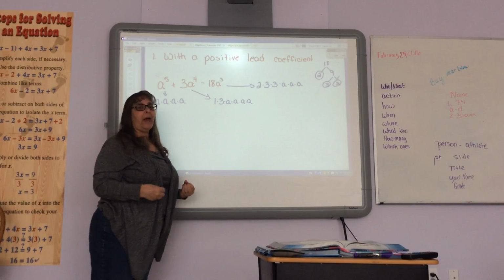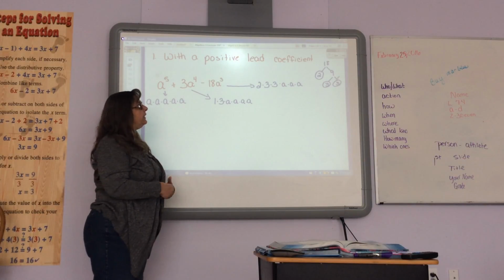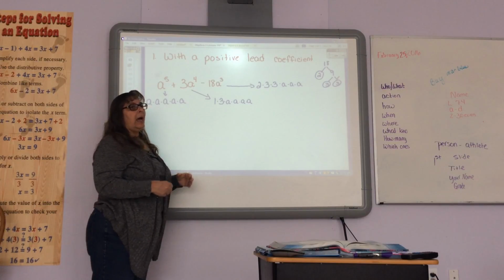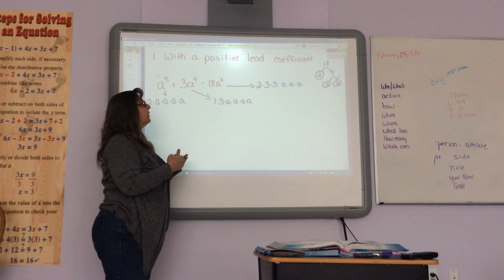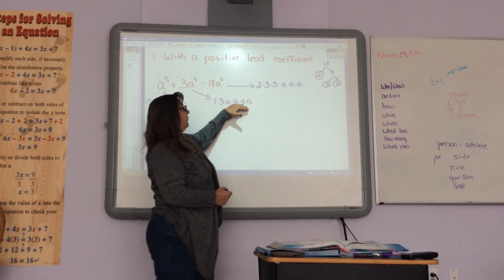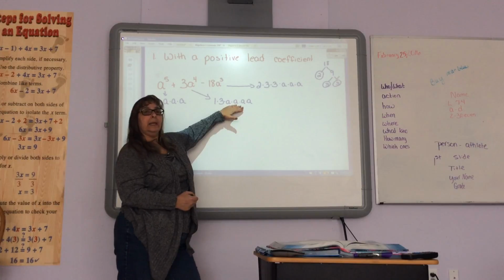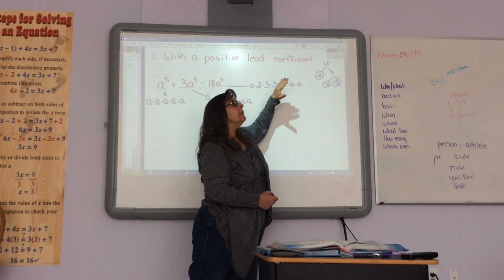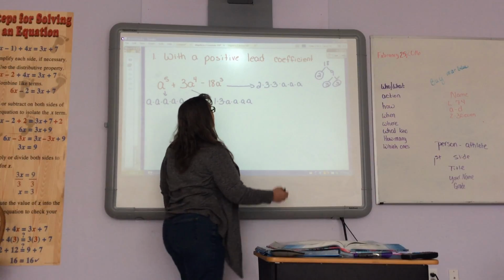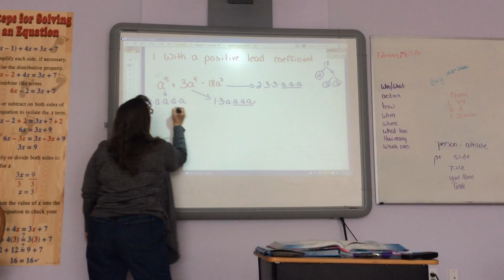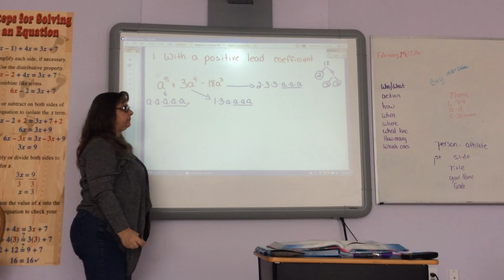The greatest thing I can take out of each one is however many a's are the smallest. This is 5 a's. This is 4. 4 is less than 5, so I can take out 4. Oh, but over here we only have 3. The greatest common factor will be 3 a's. I can take 3 a's out of each term.